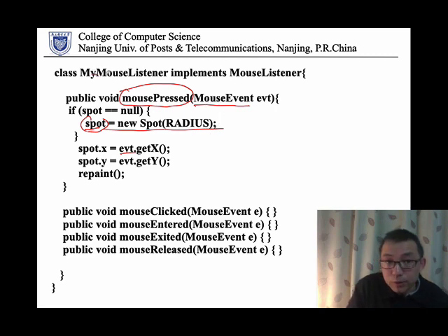Between MyMouseListener and MouseEvent, they have a connection, a dependency. MyMouseListener does the mousePressed operation, and uses MouseEvent as a target. So when we do the operation, we get the MouseEvent object, and then we can use getX and getY to get the actual position of this spot.